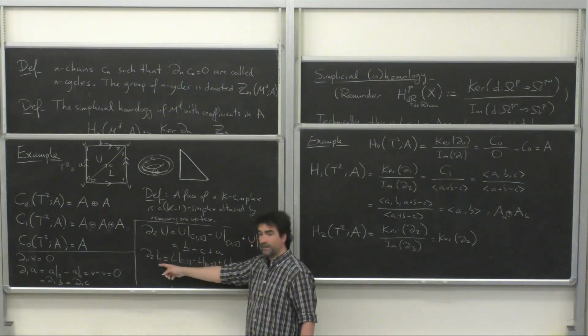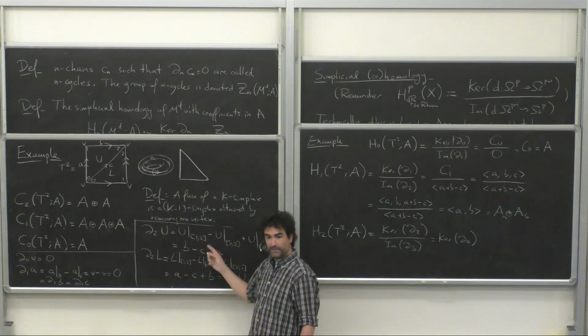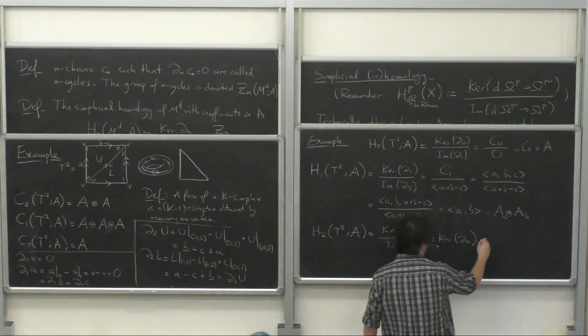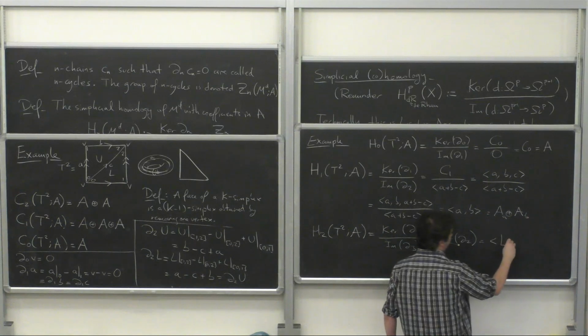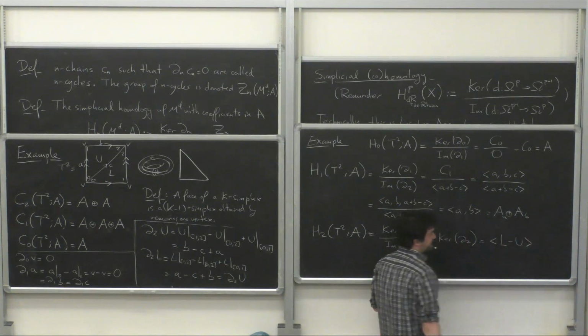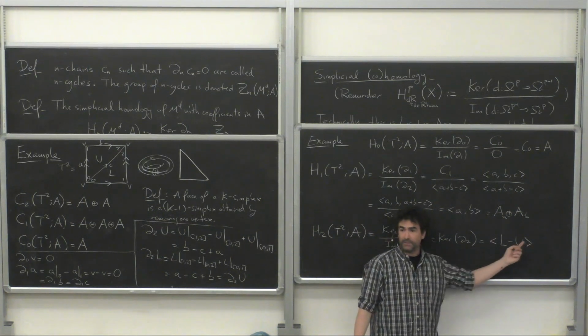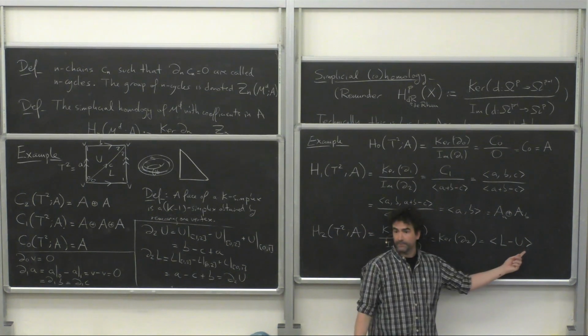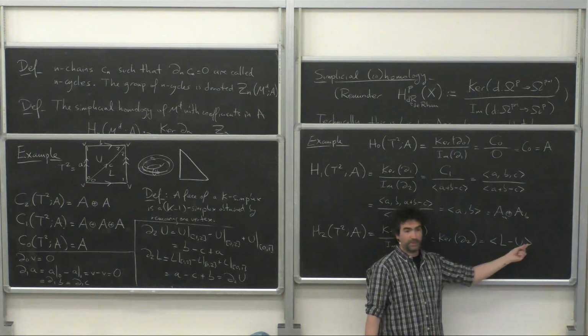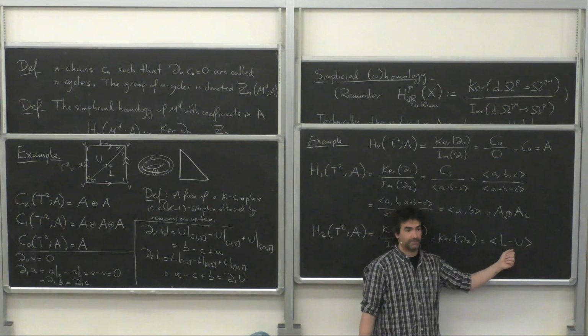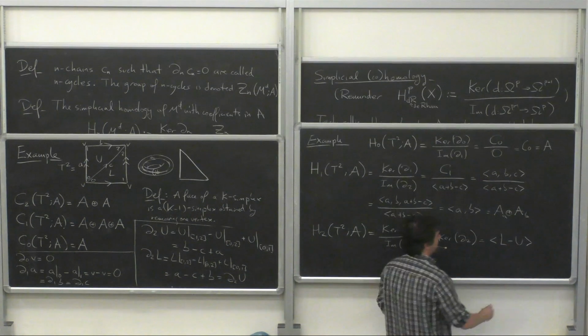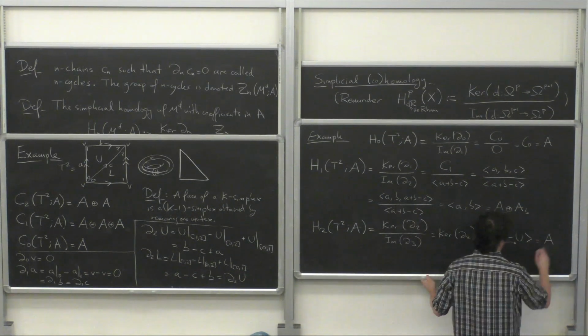U and L generate the same element when I take the boundary. So this is going to be the subgroup generated by L minus U. If I take the boundary of anything of this type, I get 0, because the boundary of L is equal to the boundary of U. And if I add any other piece proportional to U, for example, it will be non-zero. So this is an abelian group, A.